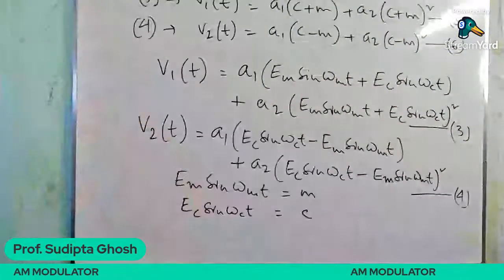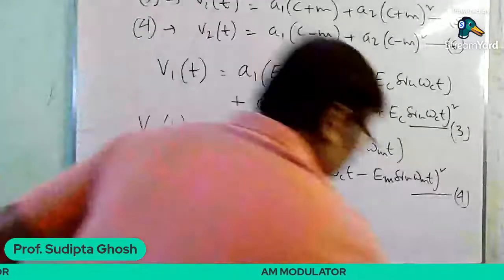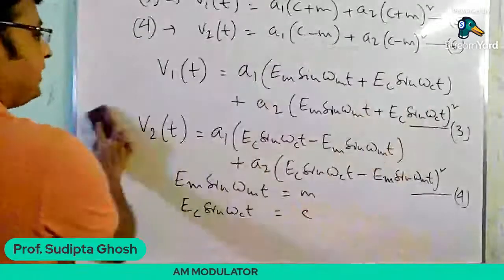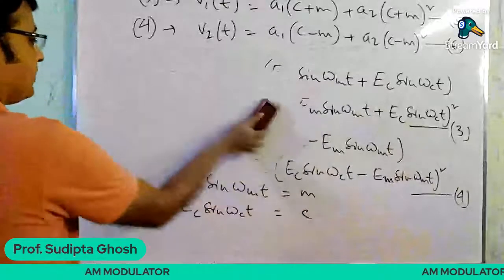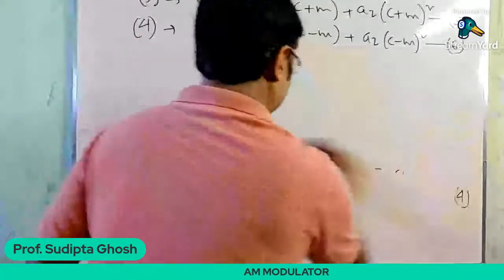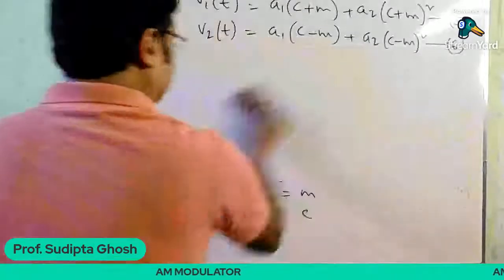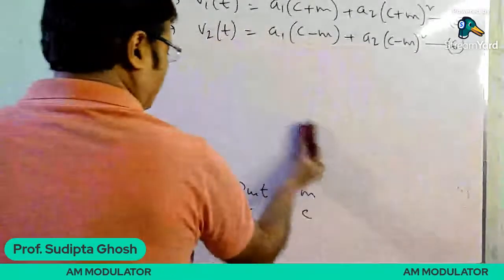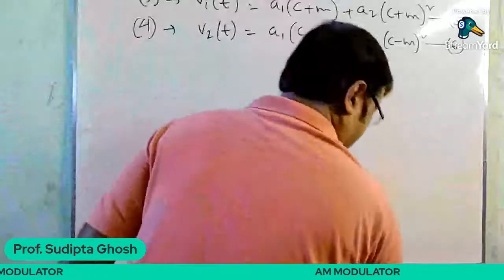So these are just the simplified forms of equations 3 and 4. For our simplicity, we have taken this.